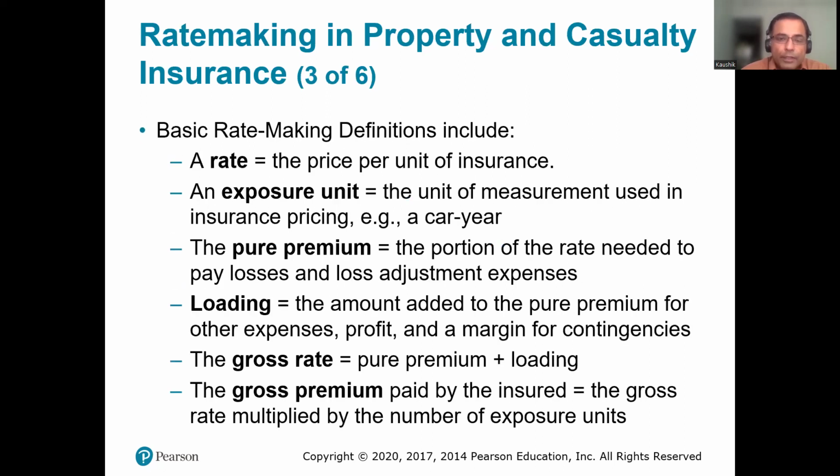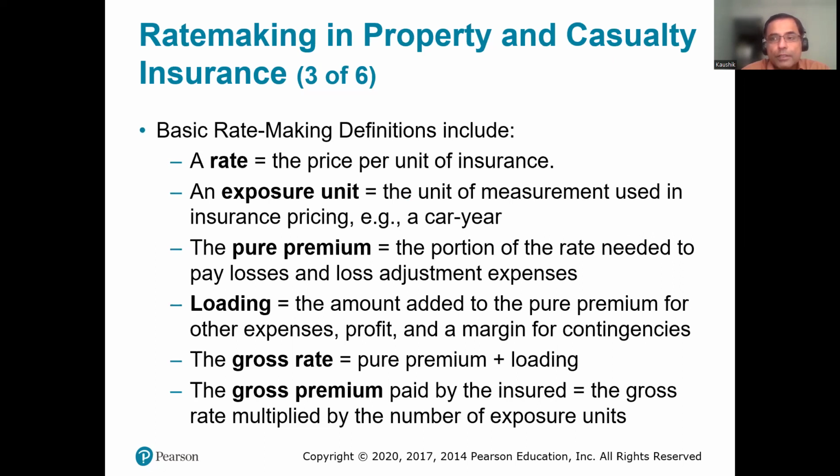So what is the rate? Rate is the price of insurance unit, and the exposure unit is the unit for insurance pricing. The pure premium is the portion of the rate which can pay for losses as well as adjustment expenses.